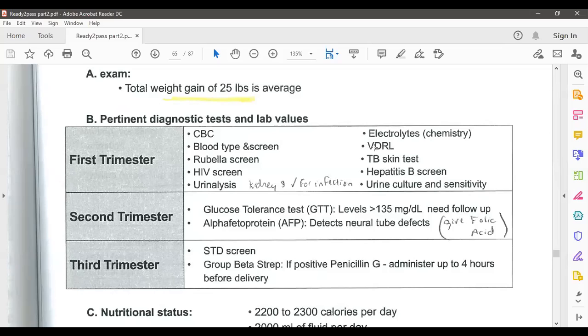Then the TB skin test for tuberculosis, hepatitis B, most important, and urine culture and sensitivity.